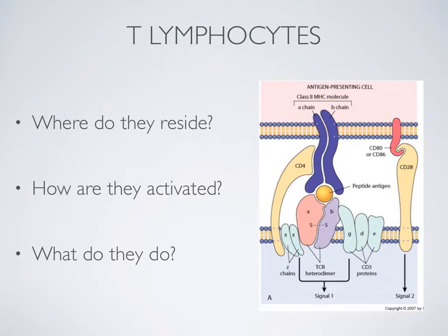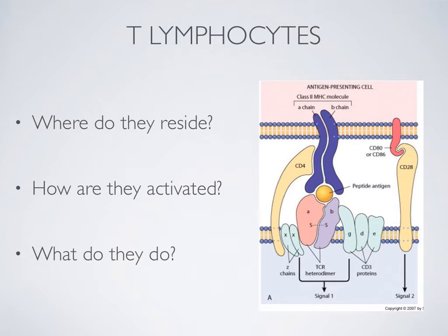So before we get into the T cells, let's just review B cells. So remember, the adaptive immune system has two branches, humoral, which is mediated by your B cells, and cellular, which is mediated by your T cells, mostly the cytotoxic T cells.